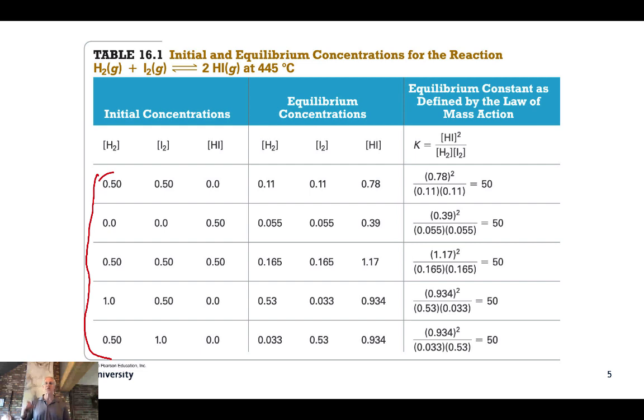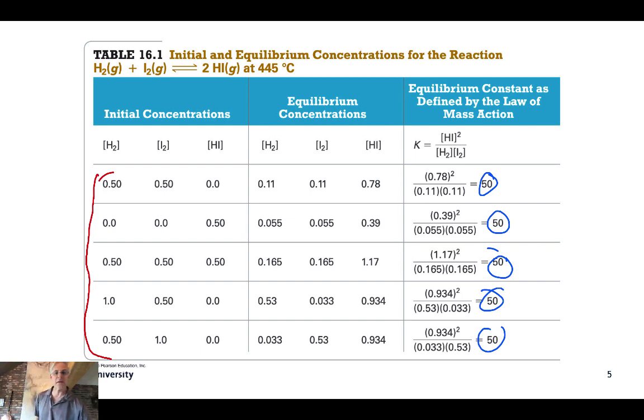And notice that we have different amounts of reactant and product left at equilibrium for all of those different situations. However, when you put the concentrations of what we have at equilibrium into the equilibrium constant expressions, notice that every single one of them ends up with a value of 50.